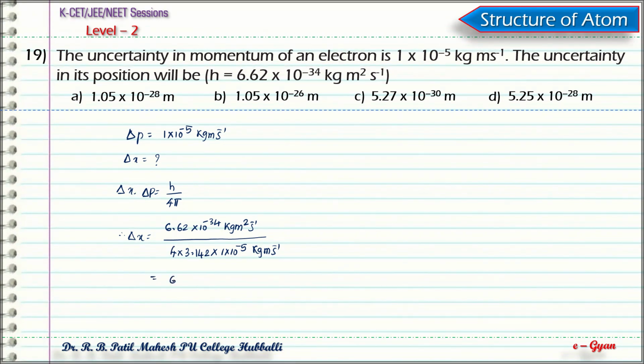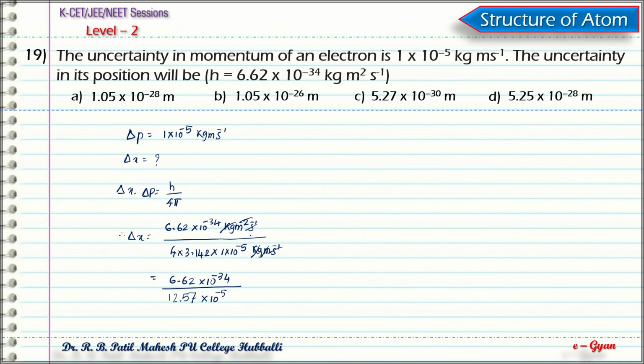This equals 6.62 into 10 to the power minus 34 divided by 4 into 3.142. The value is 12.57 into 10 to the power minus 5 as it is. The units kg, meter, and per second get cancelled.